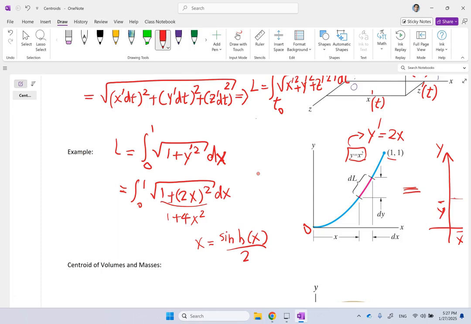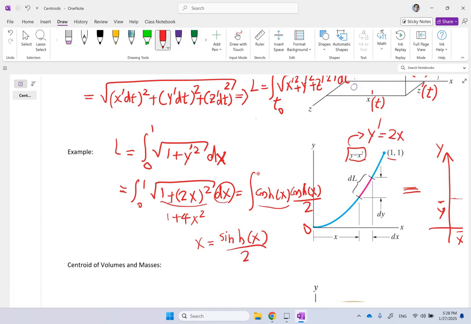The only thing is, what is dx? dx is the differential of this, which is going to be cosine hyperbolic over 2. So this is going to be the integral of cosine hyperbolic of x times another cosine hyperbolic of x over 2. That is this portion here, that square root portion. And then you, of course, have to replace the limits.